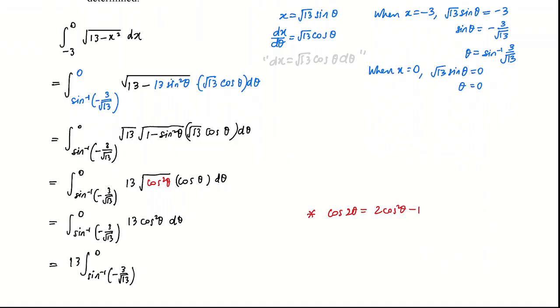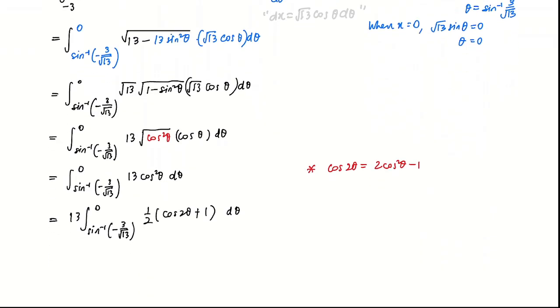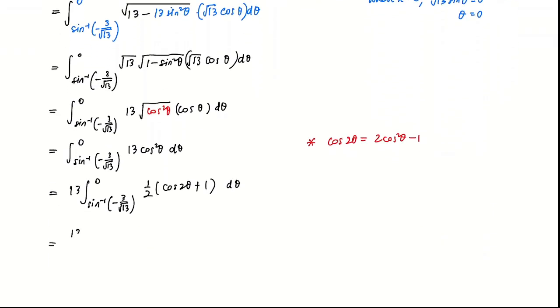So making cosine square the subject, I will actually have half of cosine 2 theta plus 1. Now I think it is time for us to integrate. How to integrate cosine 2 theta? Cosine 2 theta integrates to become sine 2 theta, reverse chain rule, divided by 2, plus 1 integrates to become theta.